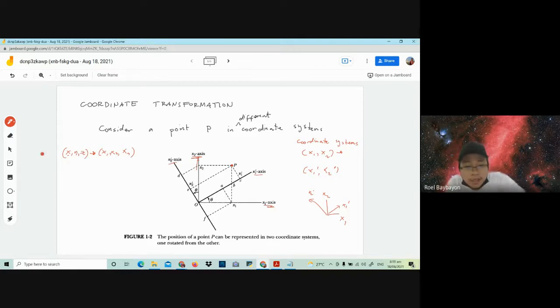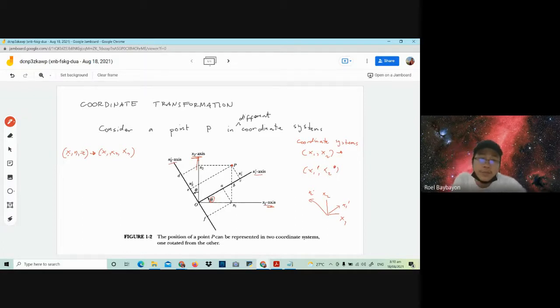So I have two different coordinate systems, the x1, x2 coordinate system and the x1 prime, x2 prime coordinate system. Take note, there is a relationship between the primed and unprimed axes. Right? Their relationship is only this: the prime coordinate system is rotated. Okay?